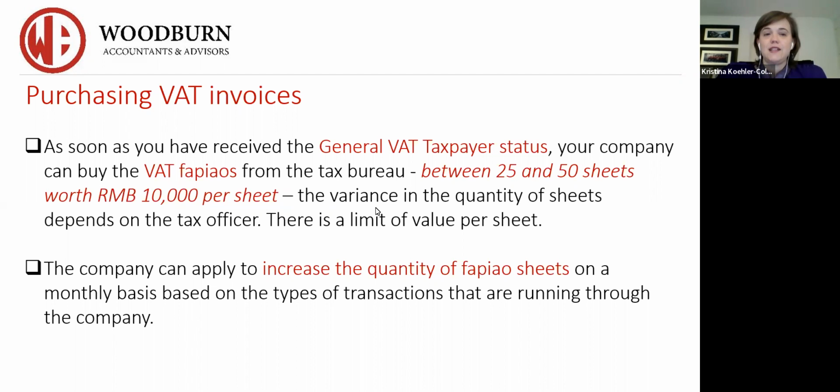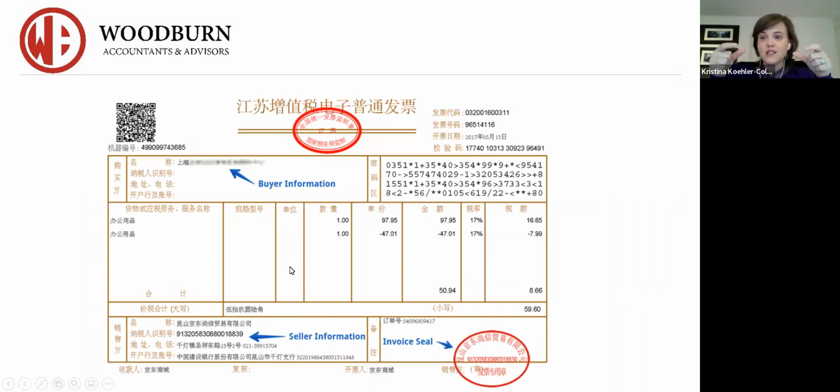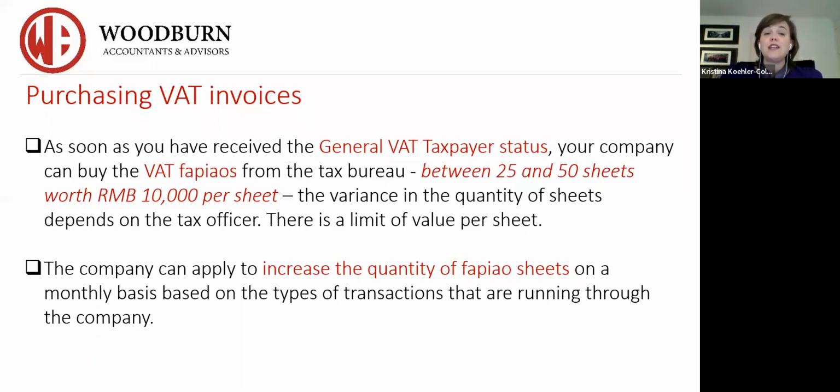Once you get that status, you want to be able to buy a booklet of VAT Fapiaos. Let me go back to the previous slide, like this. So it's a booklet of these sheets so that you have the ability from your own office, or if you're working right now remotely, to be able to issue these Fapiaos.